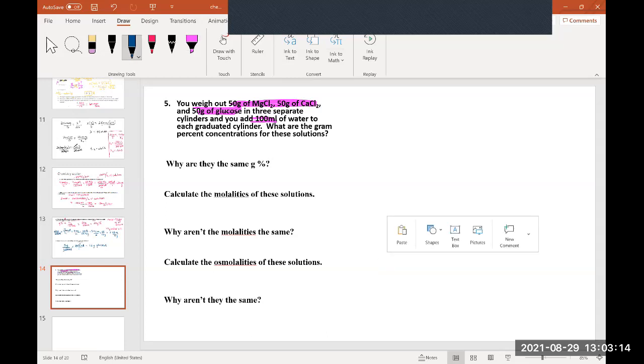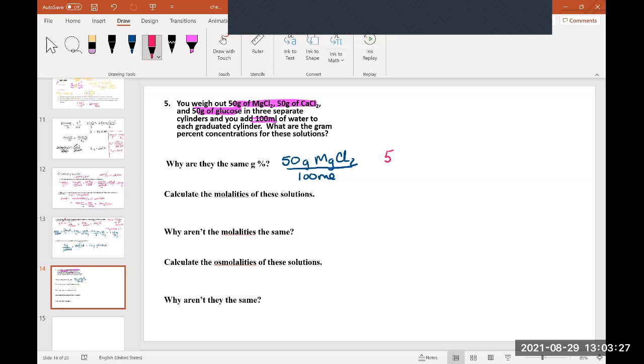And that means we have 50 grams of magnesium chloride and 100 milliliters. We have 50 grams of calcium chloride and 100 milliliters of water.